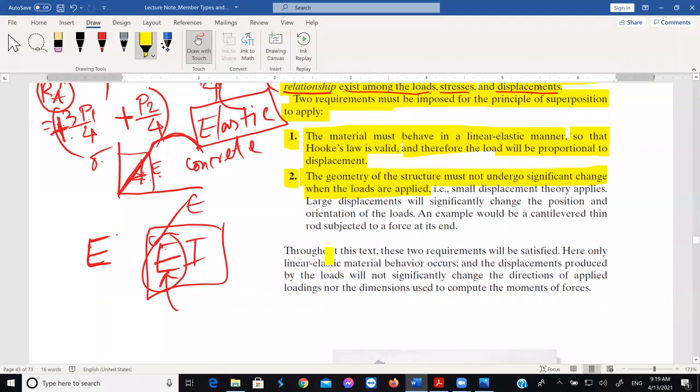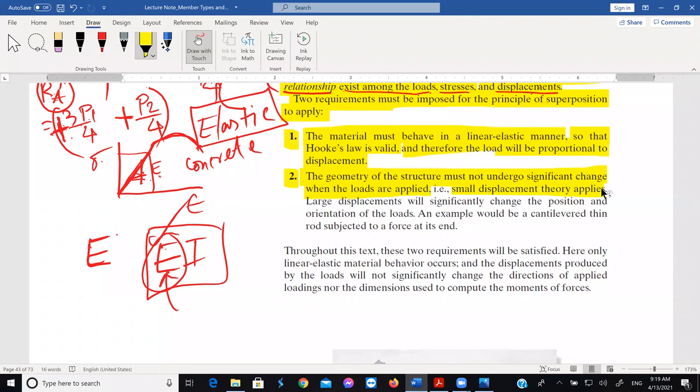But this displacement cannot be large enough that the principle of superposition cannot be applied anymore. Under forces and moments or moment couples, your structure must not undergo huge displacement or significant change in shape. If that happens, you cannot apply the principle of superposition.